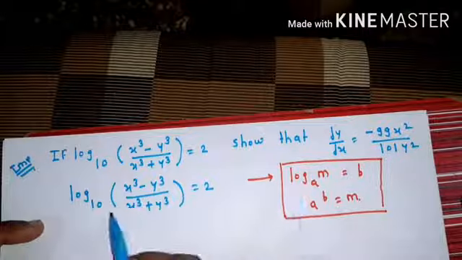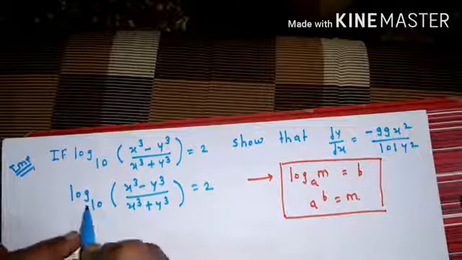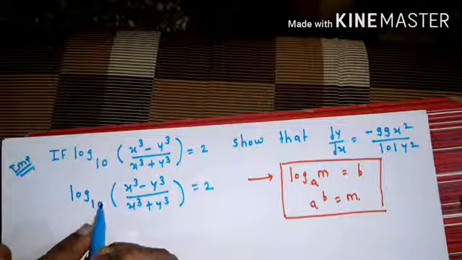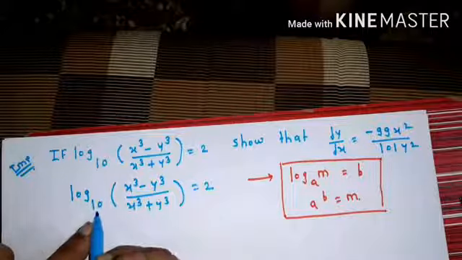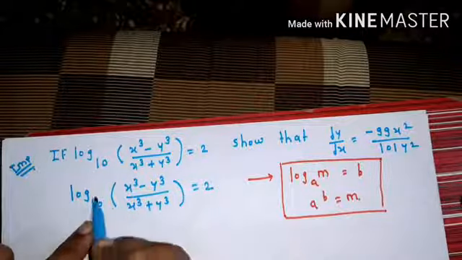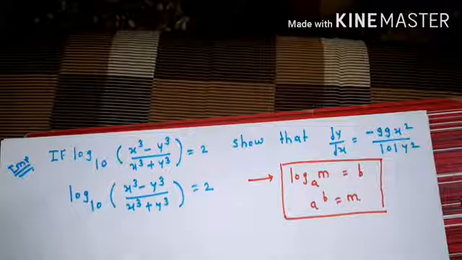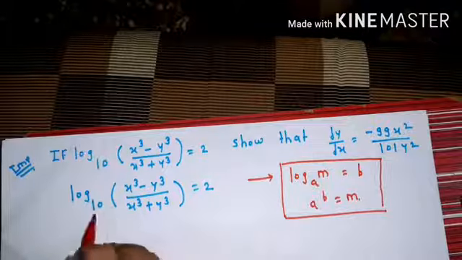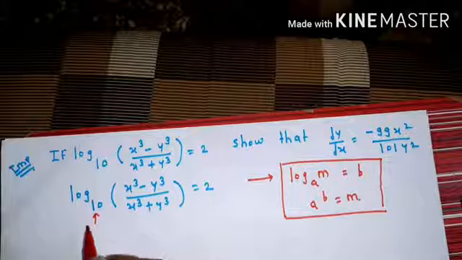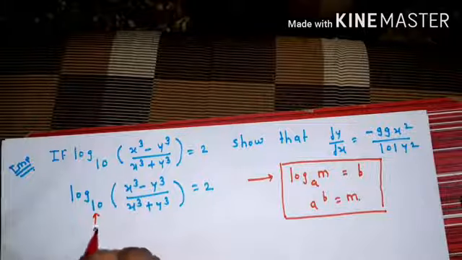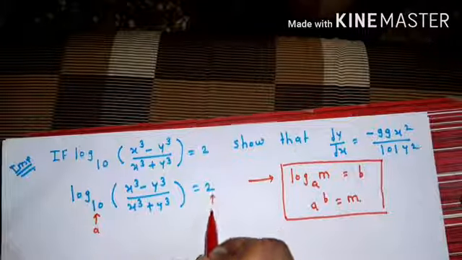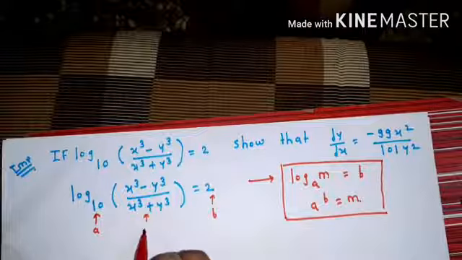If you know the definition, then by using it we can simplify the problem very easily. So by using the definition here, suppose the base is 10, b is 2 and m is the term. This is a, this is b and this is m.